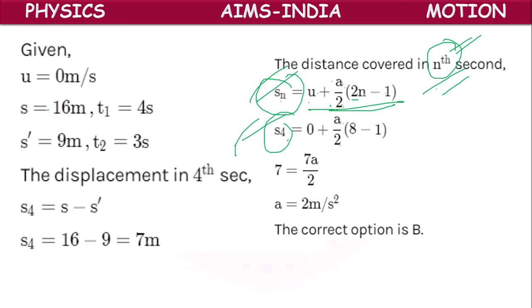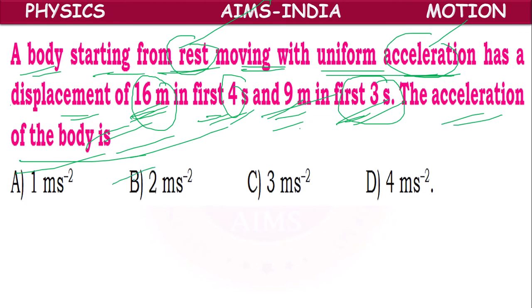N value is 4, 2 into 4, 8 minus 1, so which is equal to 7 into a by 2, 7a by 2. S4 is also 7 meters. 7 equals 7a by 2. 7, 7 cancel, this 2 will come here. A equals 2 meter per second square. So the correct answer is option B.